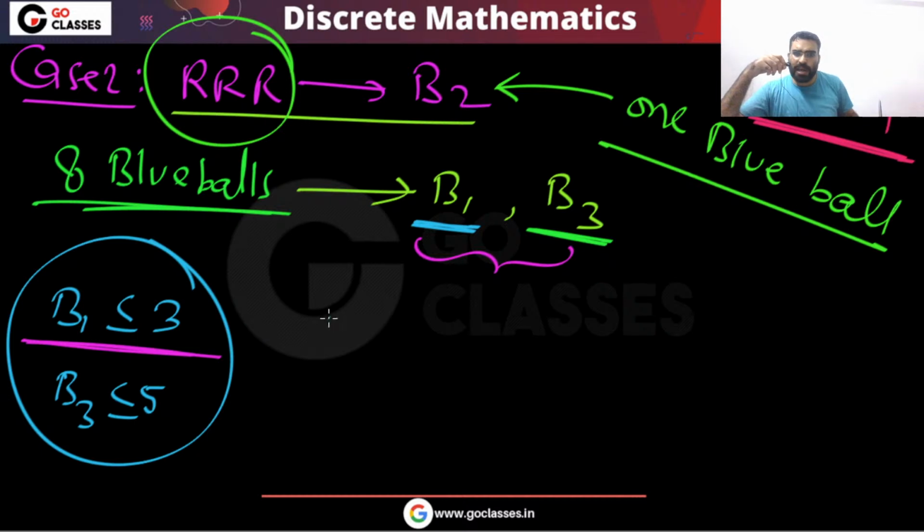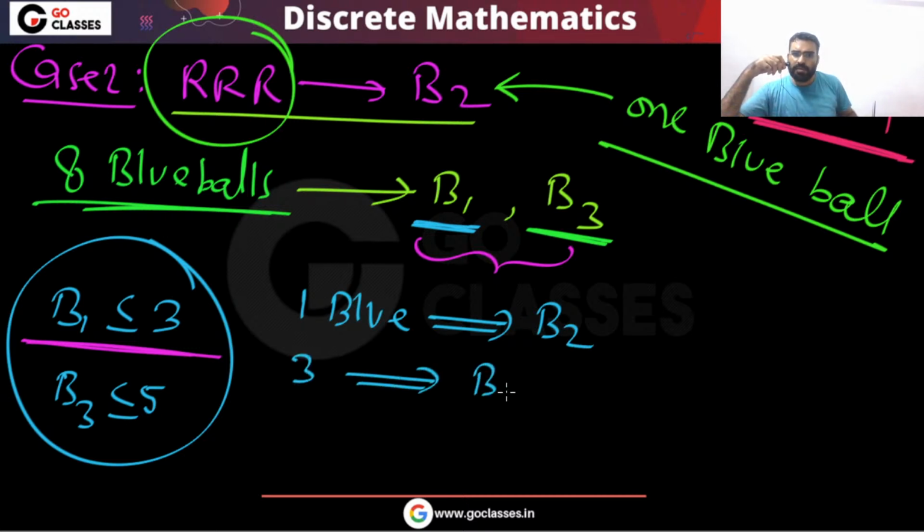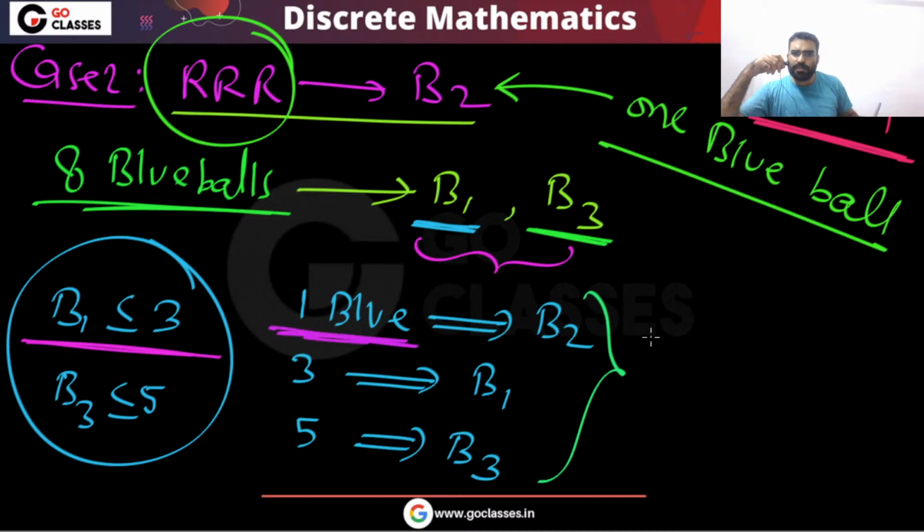Correct? So one blue ball will go to B2, 3 will go to B1 and 5 will go to B3. So the answer will be: from the 9 balls, you select which ball will go to B2.